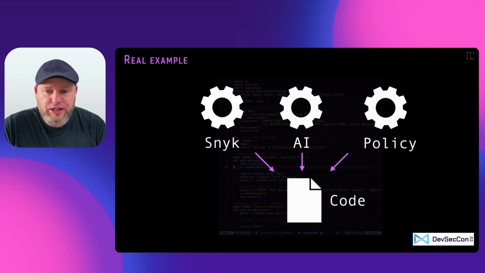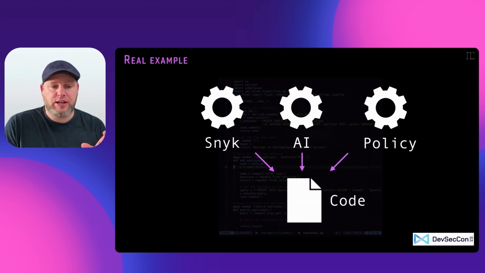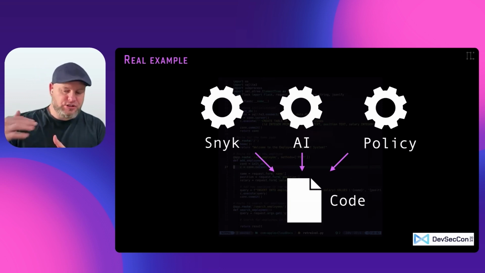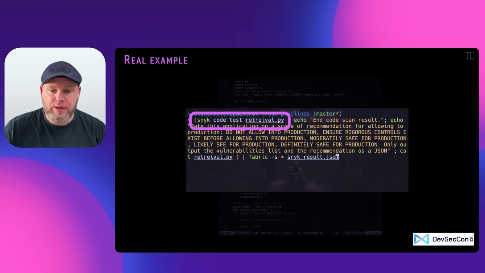What I actually did here to demonstrate this is I took the code and I hit it with 3 different systems. I hit it with Snyk, I hit it with an AI-based code scanner, and I hit it with a corporate secure code policy. And that was looking at different rules, which we'll see in a second.